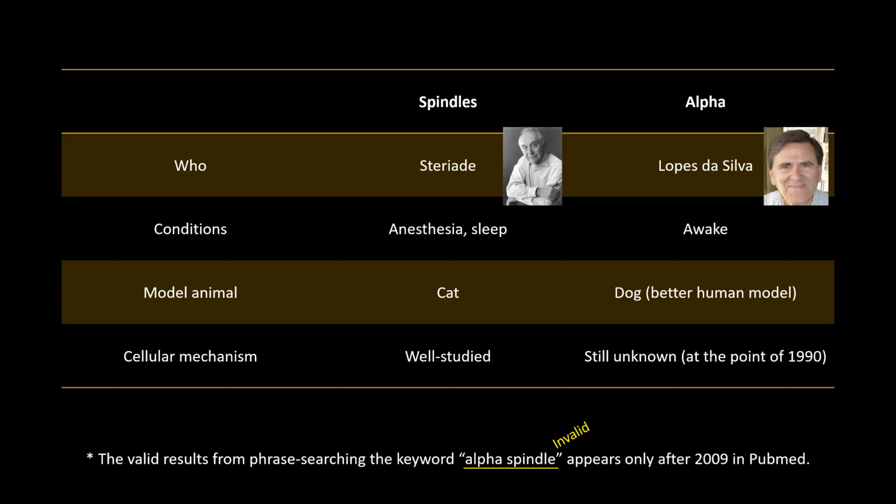By the way, I found one interesting thing when I used PubMed to search the term alpha spindle, which is a very confusing term. If you think about those differences between the spindle and alpha, and how long these researchers spent on differentiating those two concepts, the term alpha spindle seems to appear only after 2009.